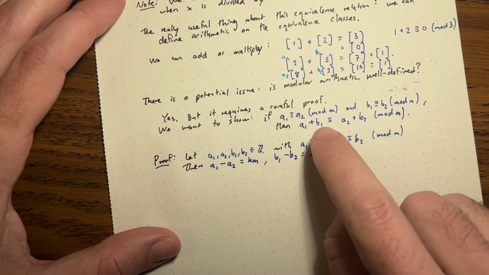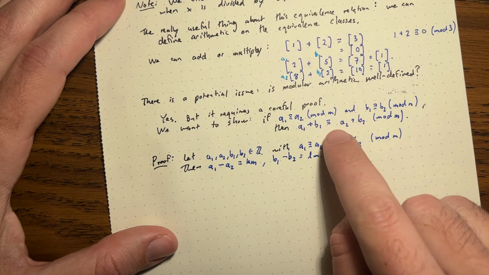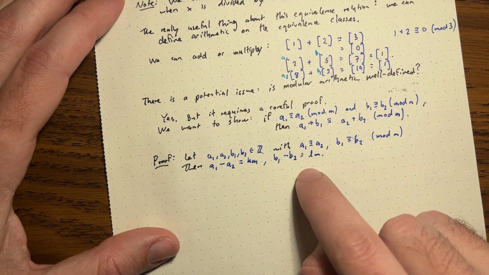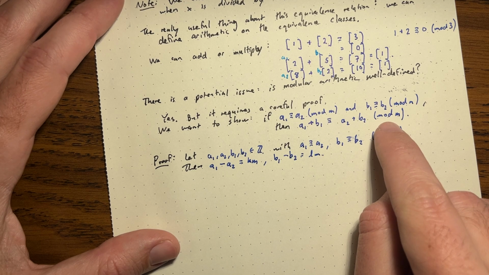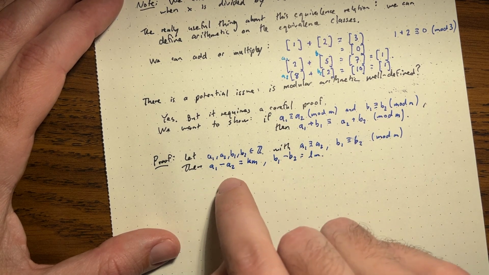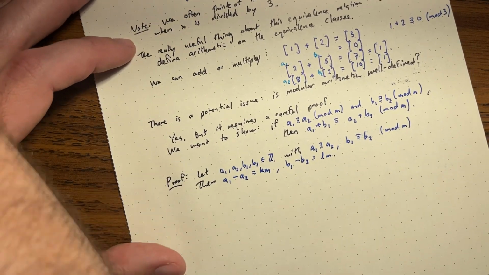And what do we want to show? We want to show that A1 plus B1 is congruent to A2 plus B2. In other words, A1 plus B1 minus A2 minus B2 is a multiple of M. But I'm noticing that I think we can set that up by, again, the same idea as before, maybe adding these two equations.